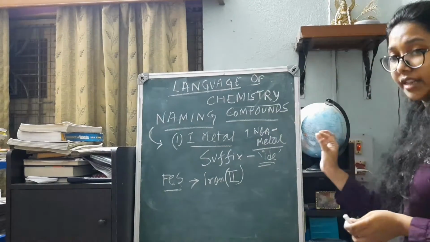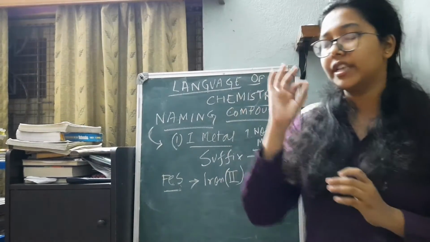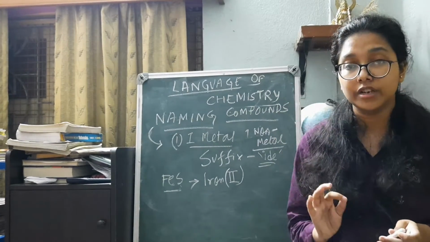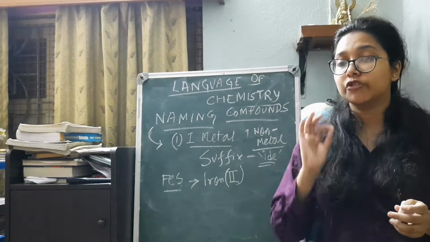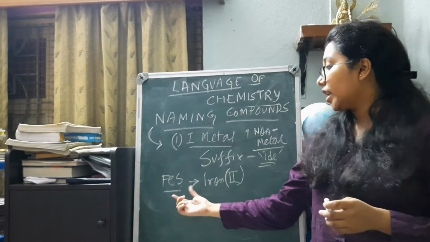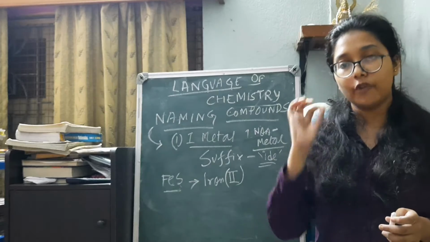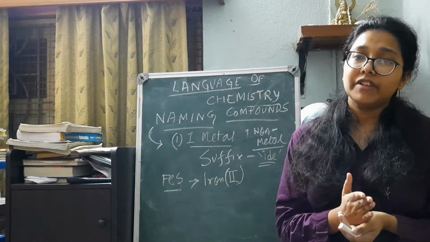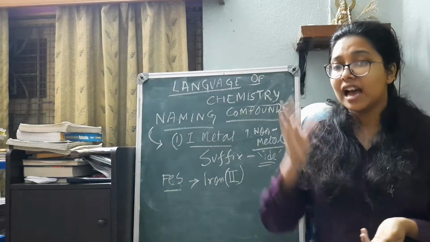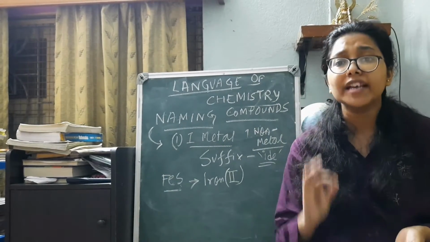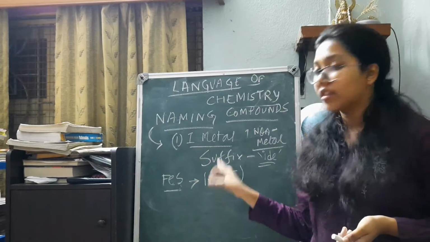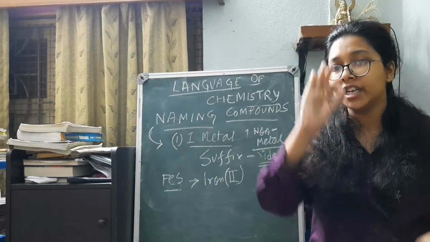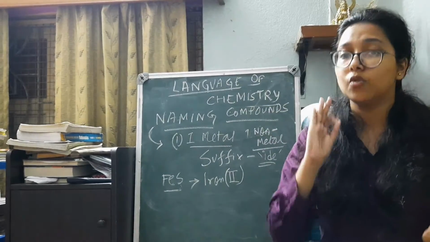So for elements which show variable valency, it is very essential to indicate which valency it is following in this particular chemical formula. That valency should always be indicated in a bracket with a Roman numeral only. I repeat, it should be given in a bracket with a Roman numeral only.